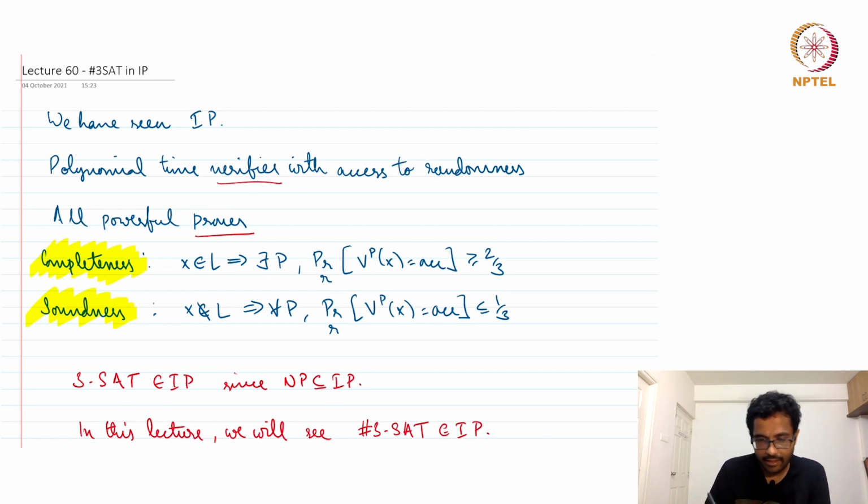And as we saw, this 2/3 can go up to 1 minus 1/2 to the power of some constant, and this 1/3 can go down to 1/2 to the power of some constant. This is just by boosting, repeating, and doing a Chernoff bound, taking the majority. And we also said that for perfect completeness, we can push the probability of 2/3 to close to 1 or exactly 1.